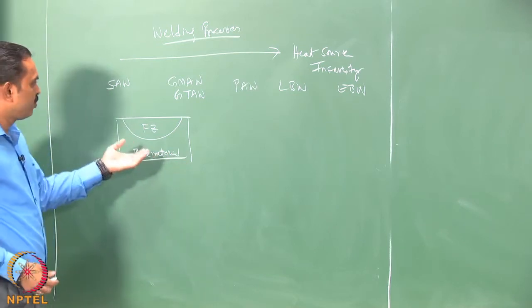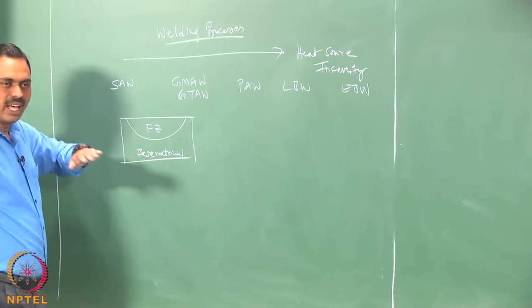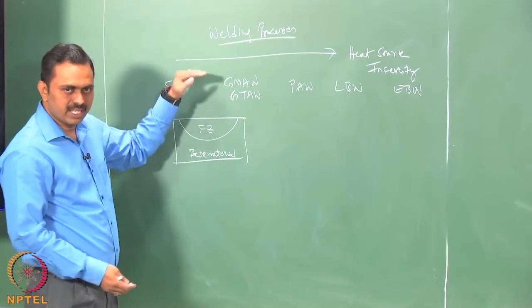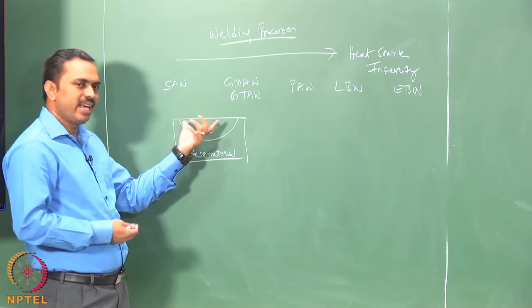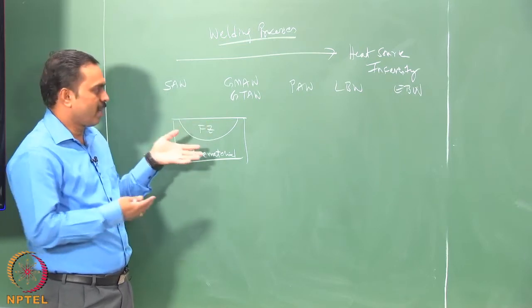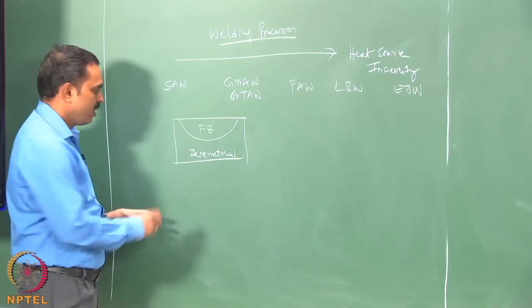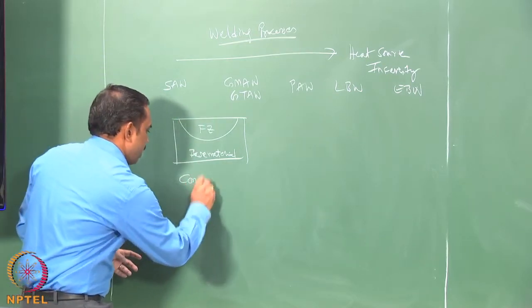If you were to make a very high thickness weld using these techniques, you would have multiple layers, because in each layer you have a wide and shallow weld pool. This mode where the weld pool is wide and shallow is called the conduction mode.